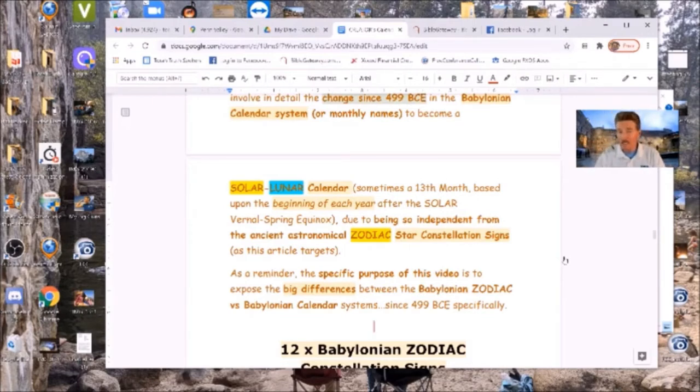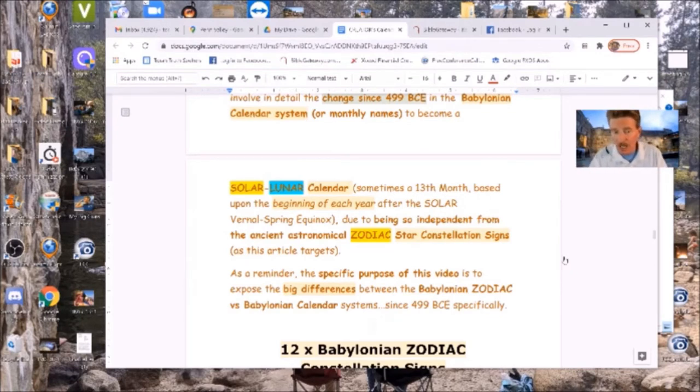It is so independent from the ancient astronomical zodiac star constellation signs, as this article in the magazine targets. That's the purpose of it, and that's what I'm using it for, just to show how different they are in names and everything I've mentioned earlier in the introduction and the beginning of this video teaching.